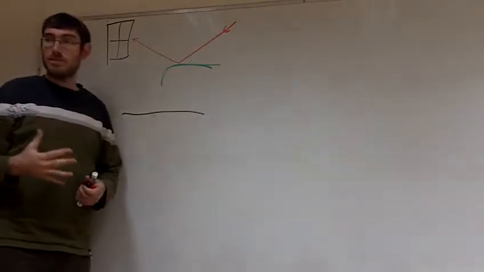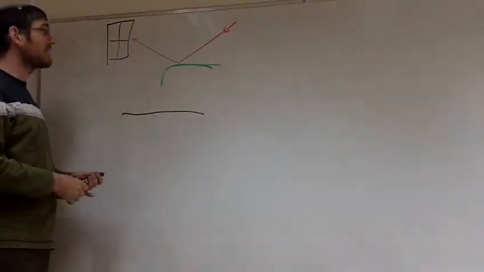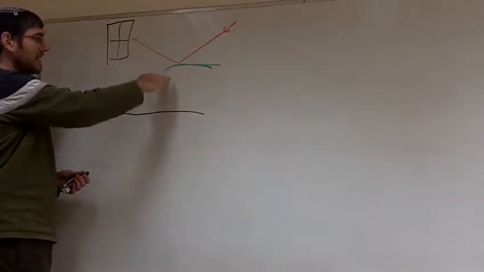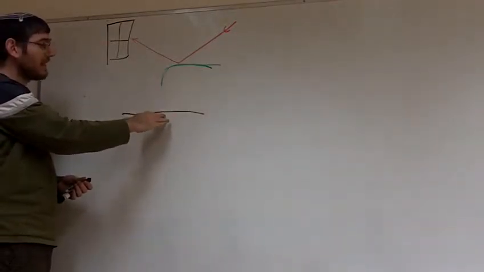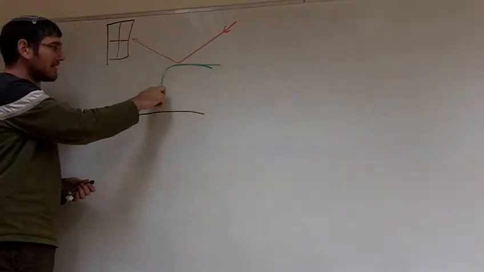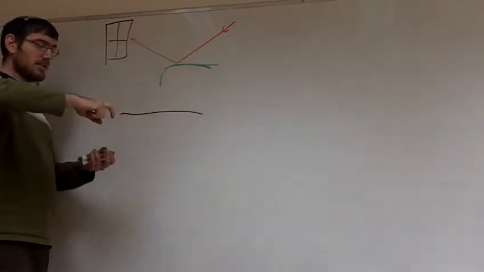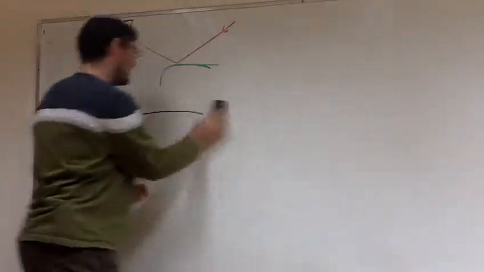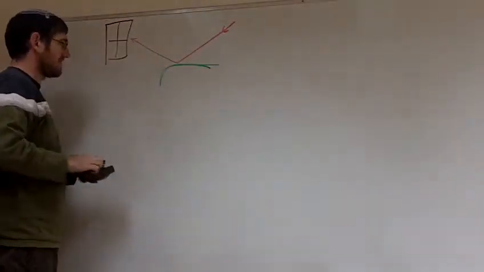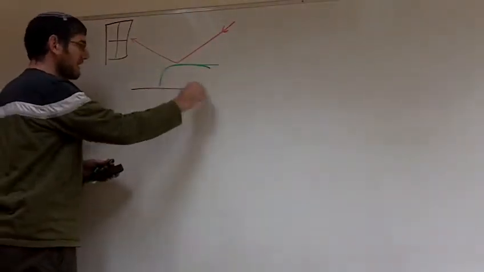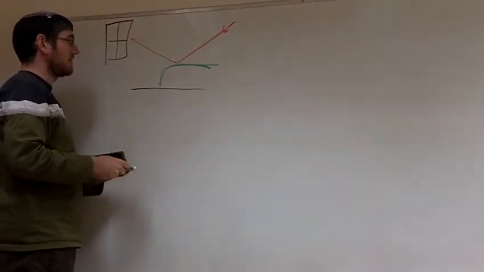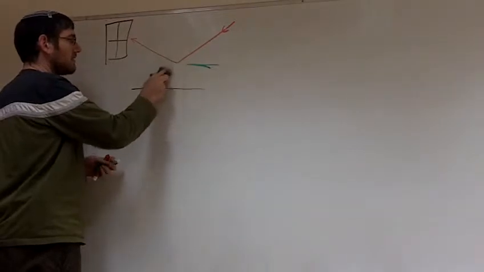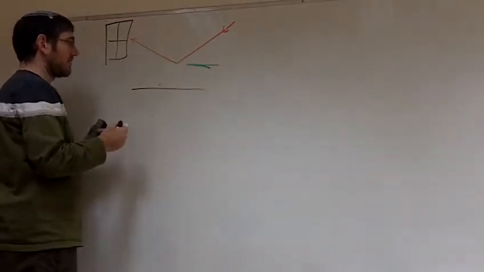The contact mode is the more simple, and that is when this tip is in contact with the surface. That means there's an interaction between the surface and the tip. The tip starts to bend. So now when there's an interaction, the tip will bend.